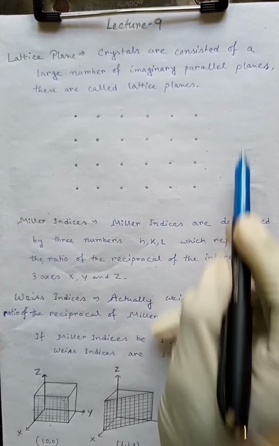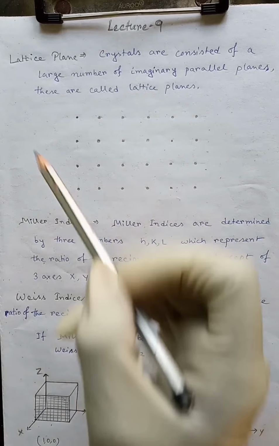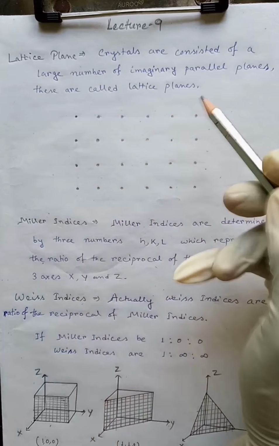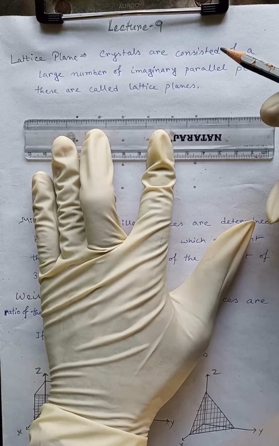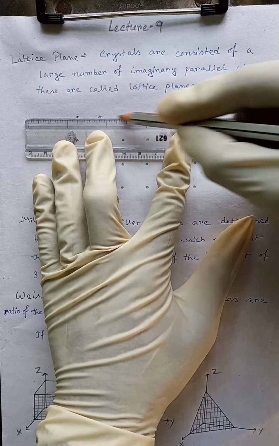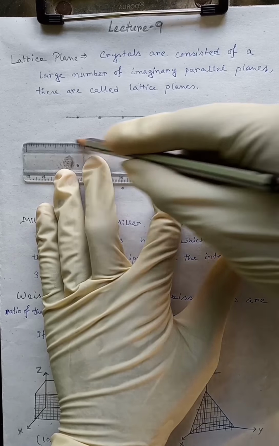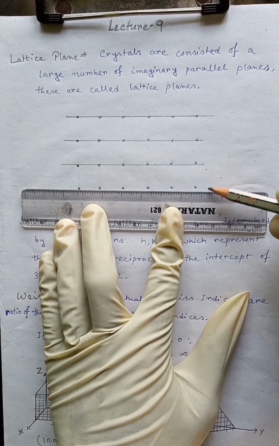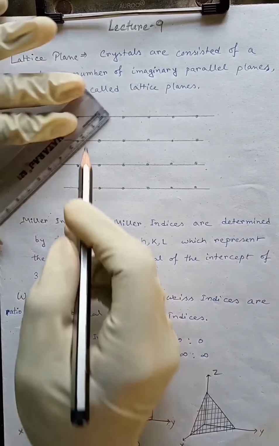Now this is my crystal lattice. I can consider a different combination of parallel planes passing through these lattice points. Now consider it. This can be my first combination.